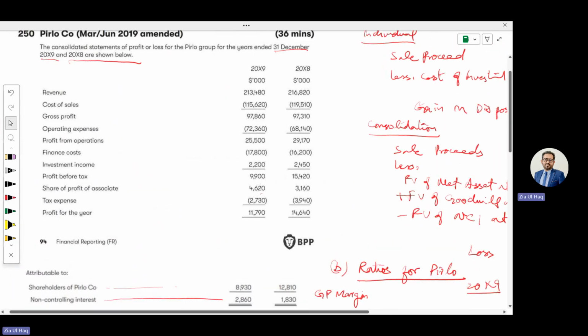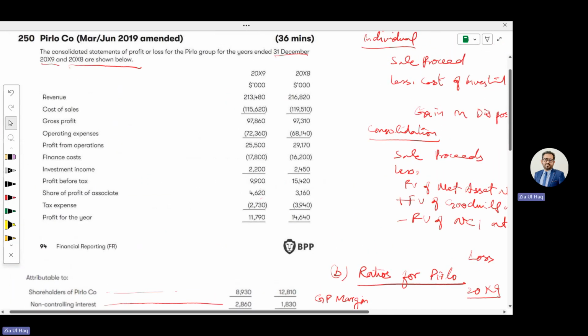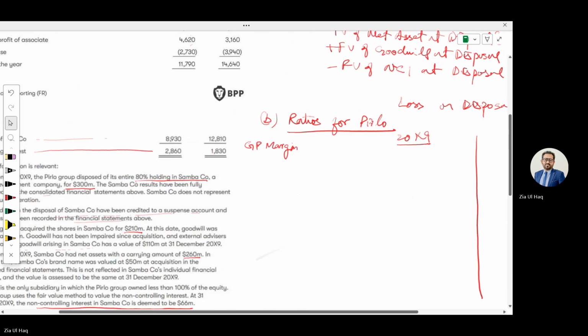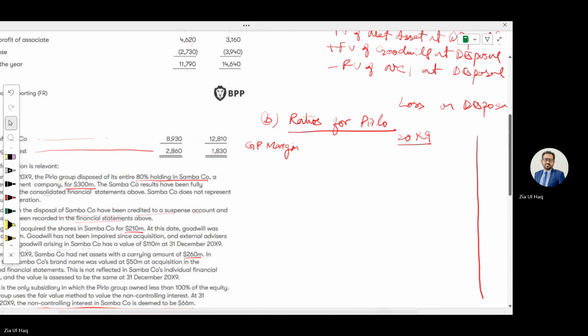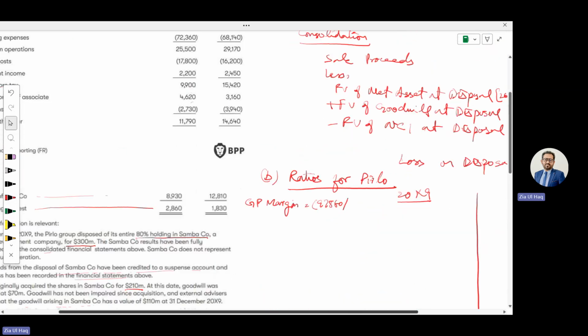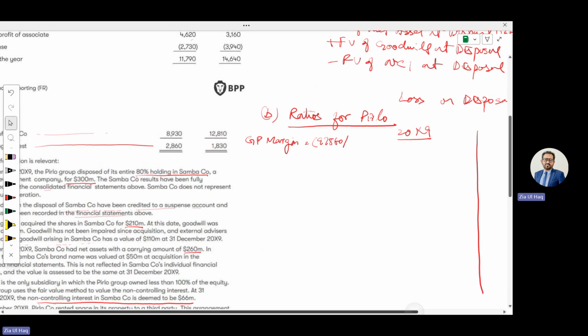GP over sales into 100. For 20x9, GP is 97,860. So 97860 divided by sales, that is 213480, multiplied by 100.